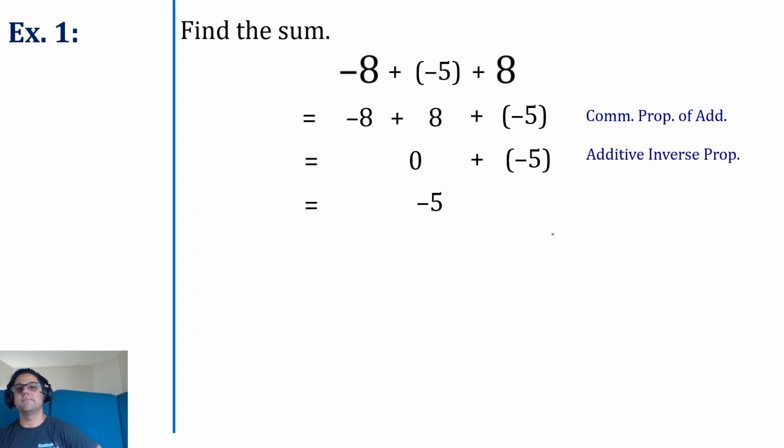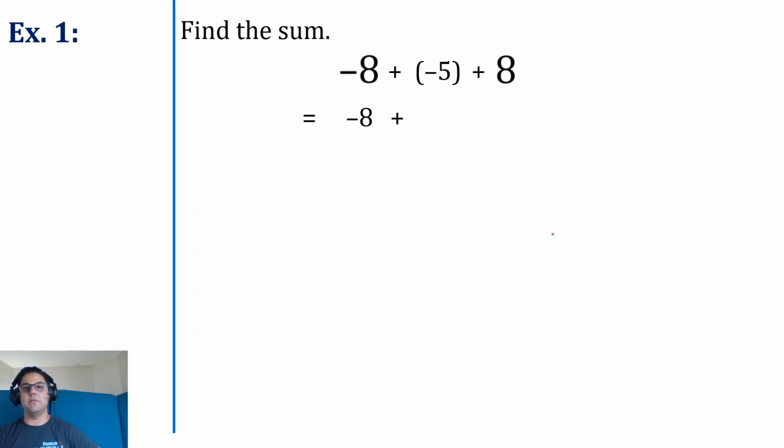So that's one option. Another option is just being presented with the original problem, and you would say, wait a minute, I know that negative 8 and positive 8 are opposites, and based off of my number line, if I'm at negative 8 and I move to the right 8 spaces, doesn't that give me 0? So a lot of students, they just physically cross those out because it gives them a 0.